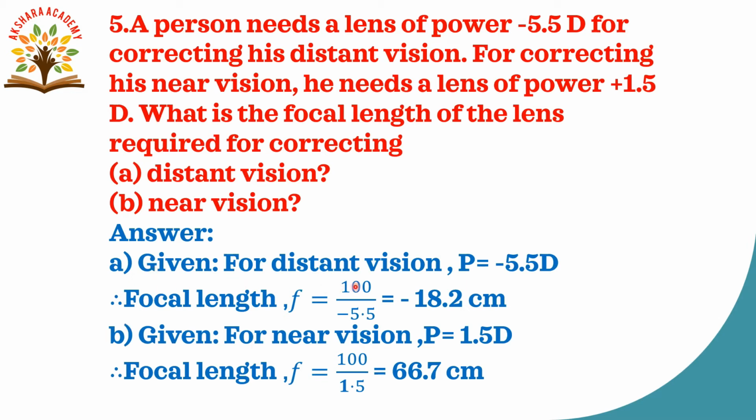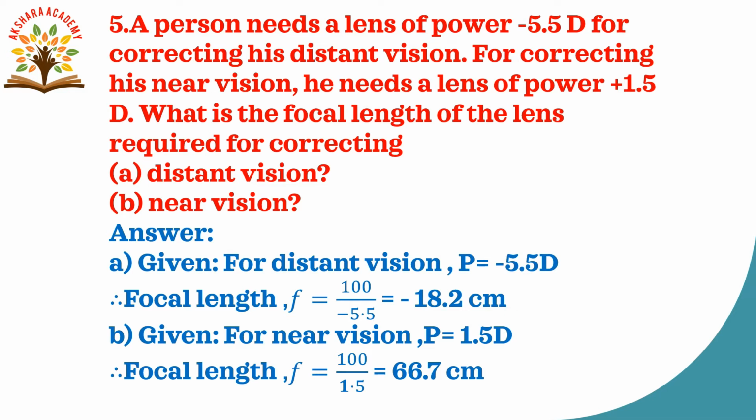First, for distant vision, P is equal to minus 5.5 D. Here power is the reciprocal of focal length. So F is equal to 100 by power, that is 100 by minus 5.5. So it becomes minus 18.2 centimeters.